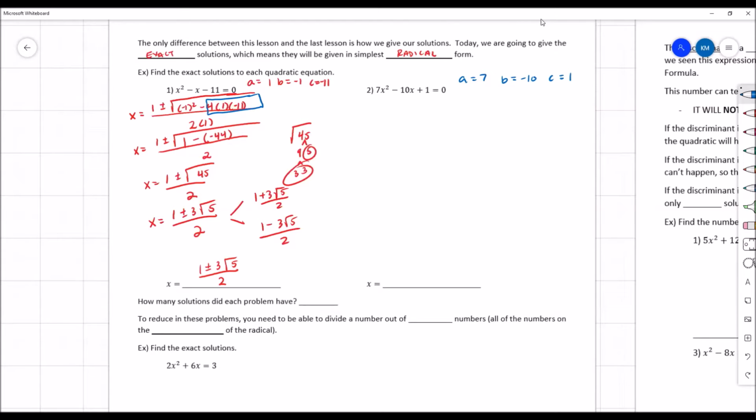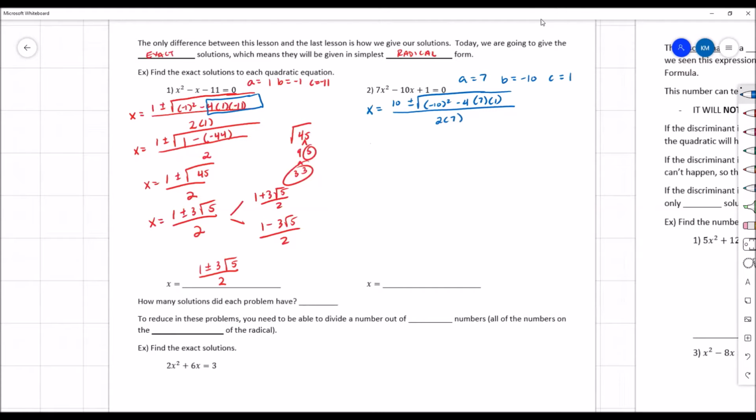So x equals opposite B, which in this case is 10, plus or minus the square root of B squared minus 4 times A times C, all over 2 times A, which is 2 times 7.